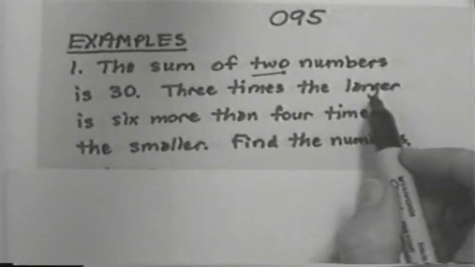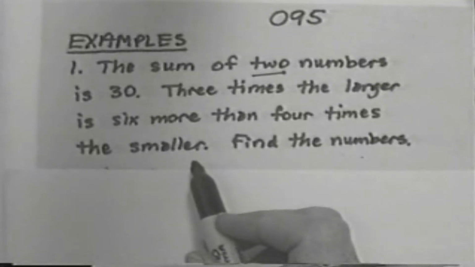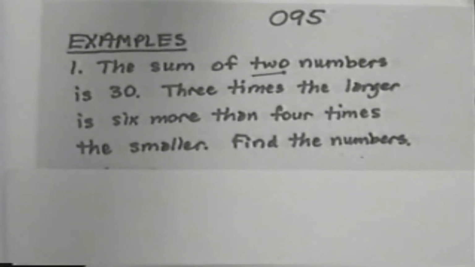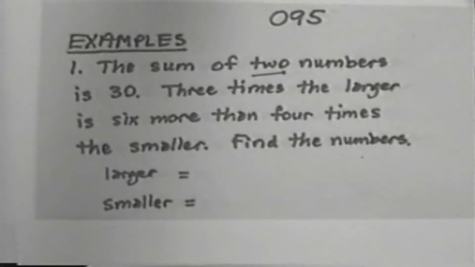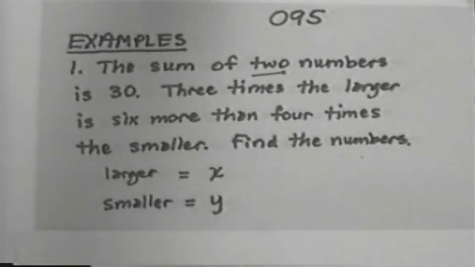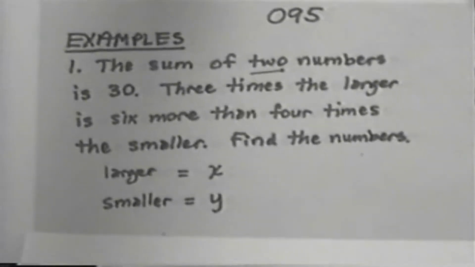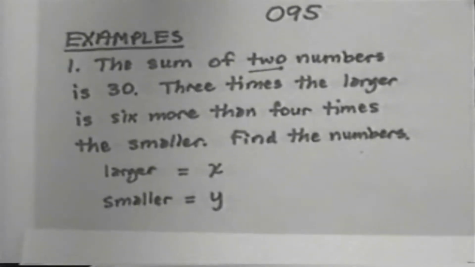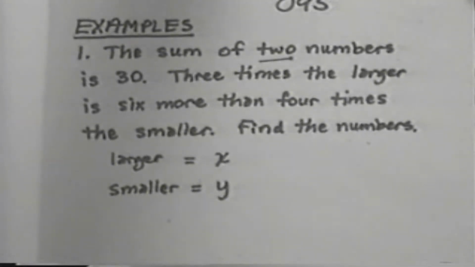The names of the numbers are the larger and the smaller. Let's give letter names to those two numbers. I'm going to choose to let the larger be represented by X and the smaller be represented by Y. The larger is X, the smaller is Y.